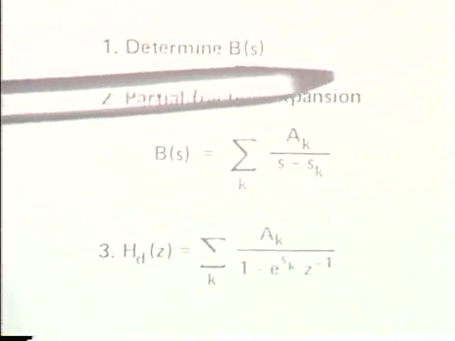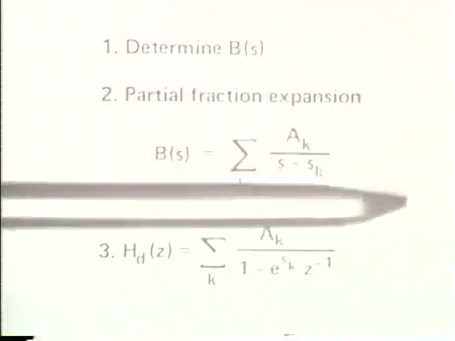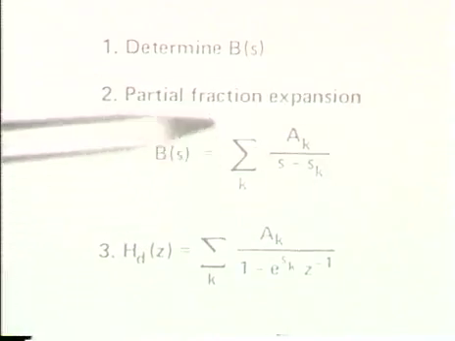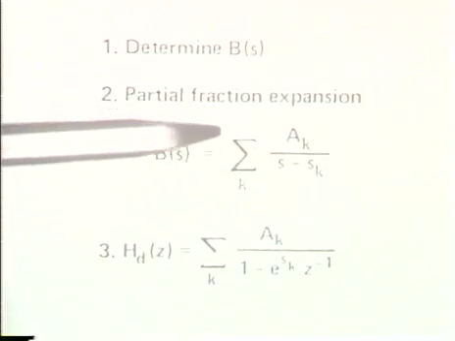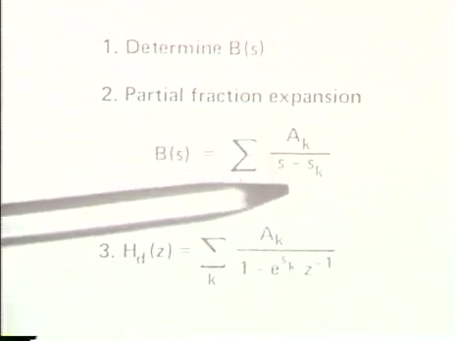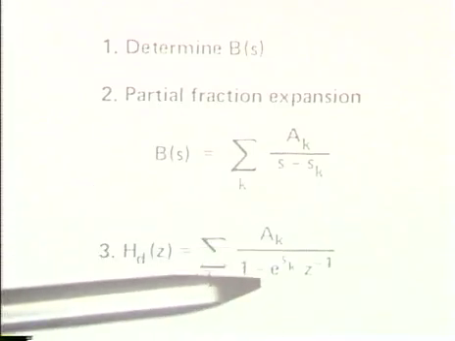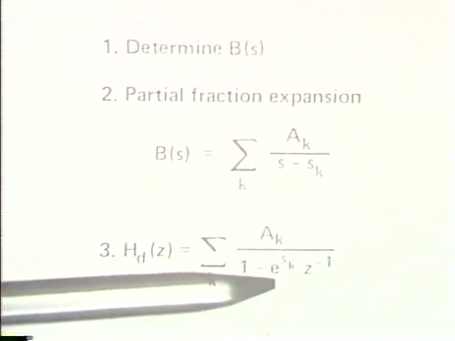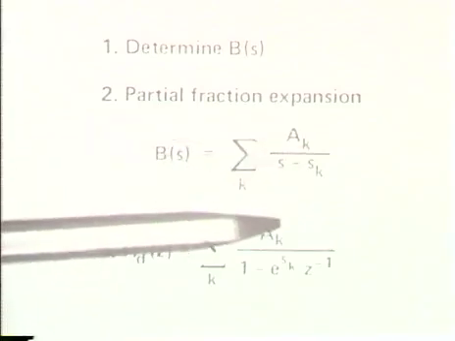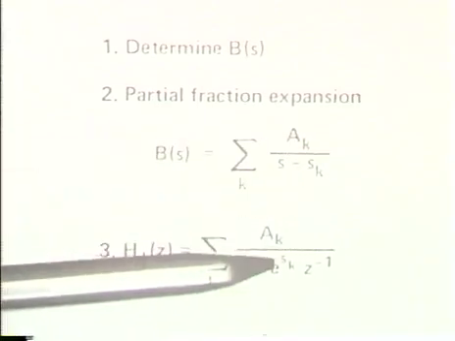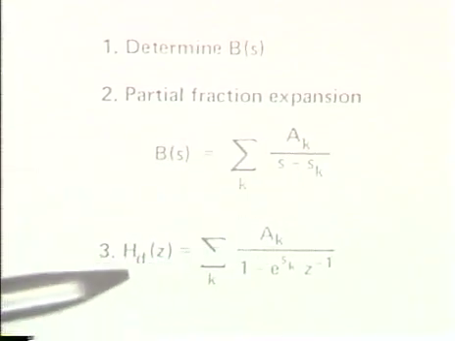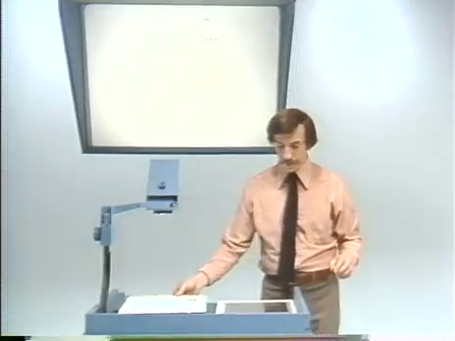We would then expand that out in a partial fraction expansion and then apply the impulse invariant procedure, which consists of mapping the poles in the S-plane to poles in the Z-plane at locations e to the S sub k capital T, here capital T is equal to 1, and retaining the residues or the coefficients in the expansion. And this then will give us the transfer function for the discrete time filter.